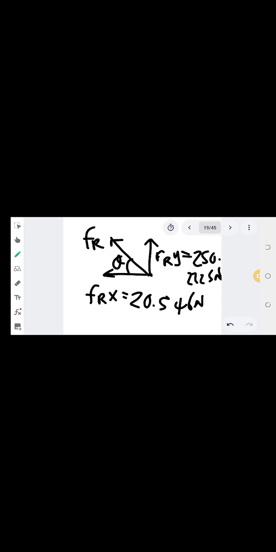So I'm looking for these two now. I've got this and I've got this. So theta with respect to the negative x-axis and the resultant force there. So to come up with a resultant force, the resultant force is always positive. So what will show where the direction of the resultant is pointing is the angle that we are going to find, theta.